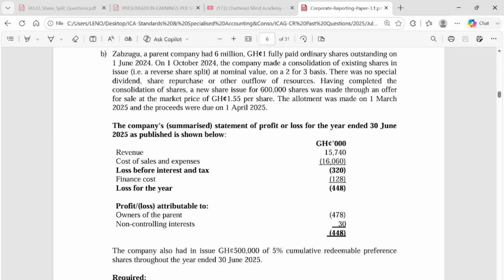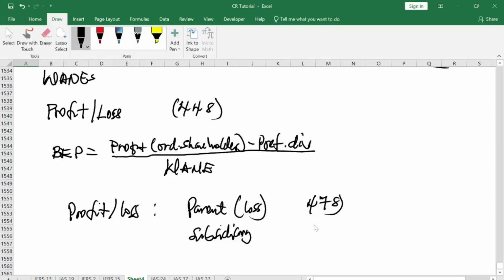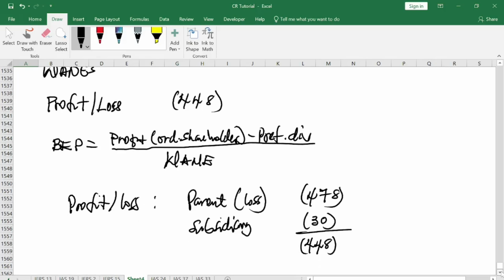However, they have shared the profit or loss among the parent and subsidiary. When they share the loss, parent's is 478 and subsidiary loss is 30. So when you add it, it will give you 448 loss. So it's easy here.